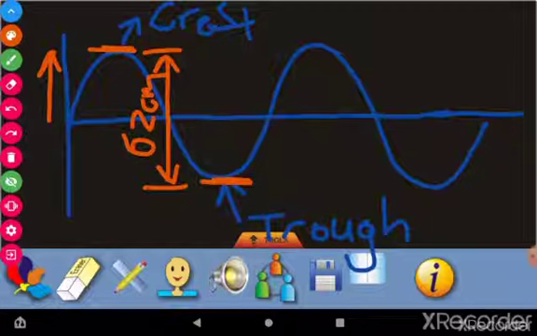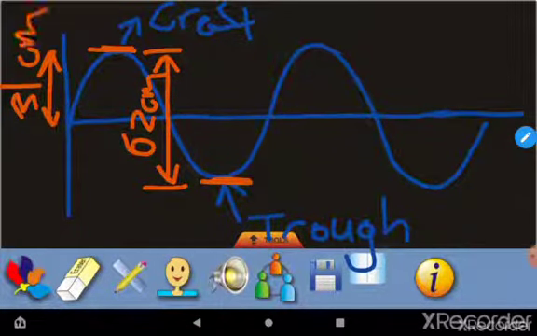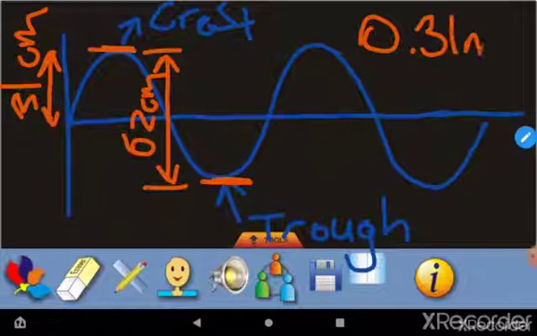The mean position would sit at the halfway mark. So the distance between the mean position and the crest here would be half of the 62 centimeters, which would be 31 centimeters. You might see the answers on a paper given in meters instead of centimeters. So 31 centimeters would be 0.31 meters. That would be your amplitude.